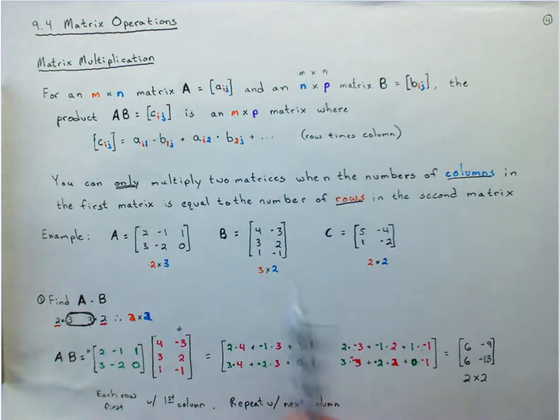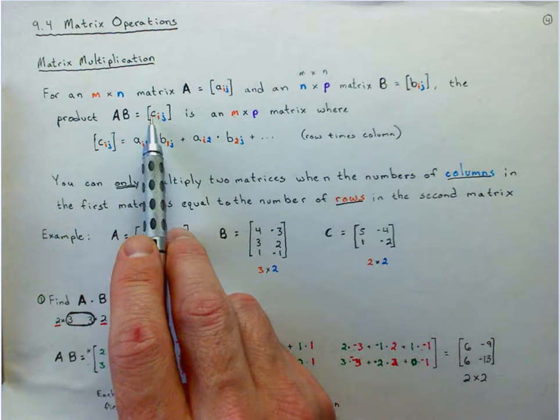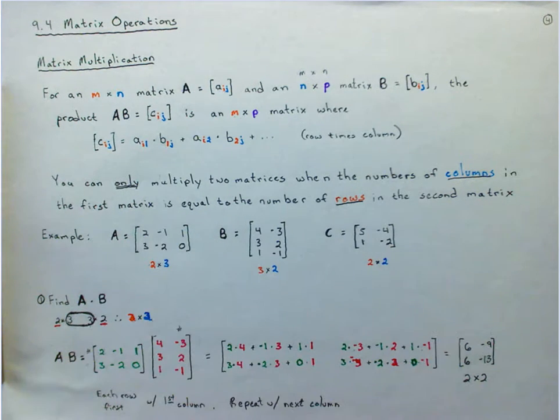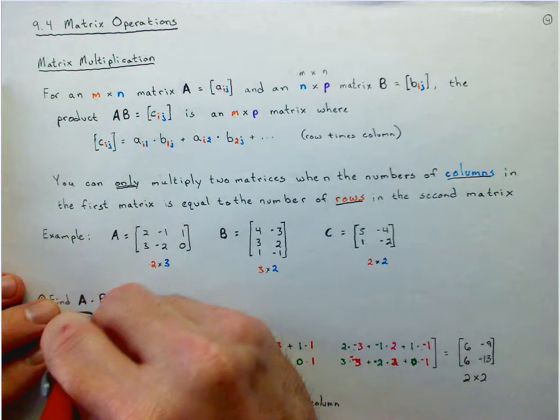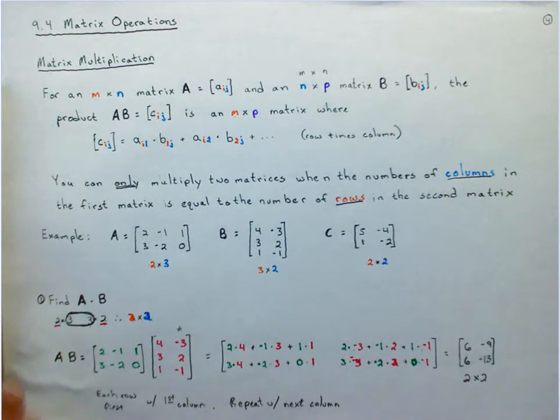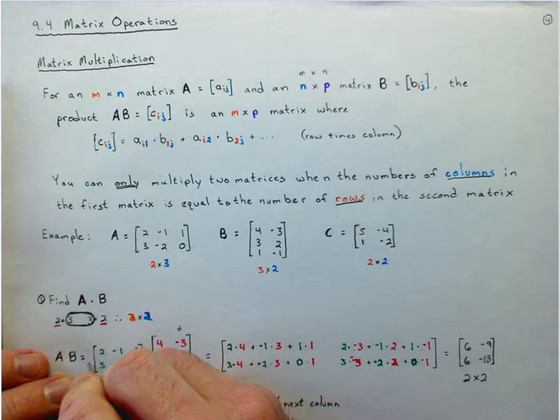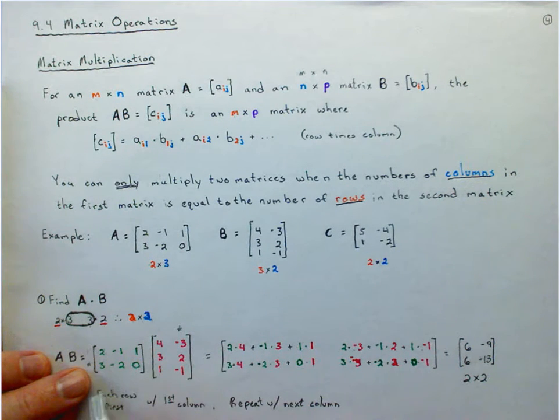This is going to be C sub 1,2. I'm still on the second column. I've already completed the first column, but now I move down to the second row. So I mark it: 3 times negative 3, negative 2 times 2, 0 times negative 1.